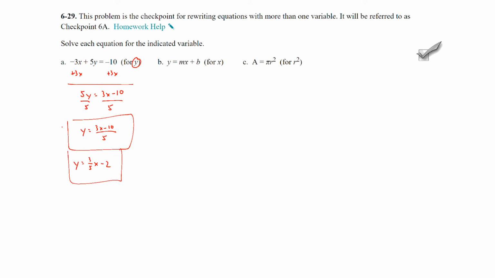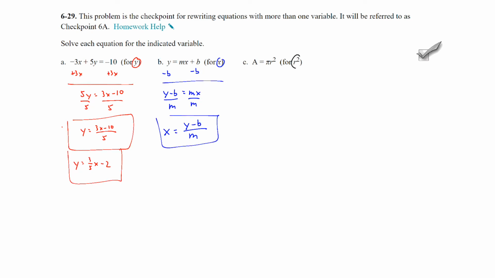On part B, we're solving for x, and it is the equation in slope-intercept form. We will subtract the b first. And since it's being times x, we can divide by the slope. So x is equal to y minus b divided by n. And then the last one, c.